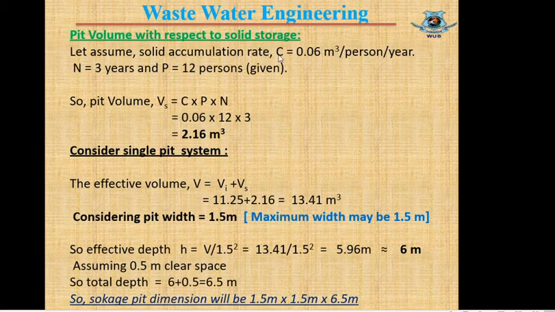Solid accumulation rate C equals 0.06, N equals 3 years, which we have used several times, and P equals 12 persons. So all this data is just picked from the question and replaced here, and finally we get the solid storage volume equal to 2.16 cubic meters.